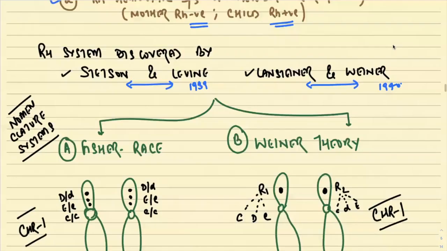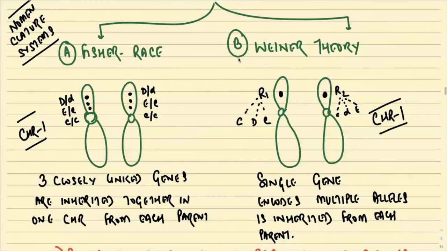But in MCQs, they can ask you what were the other classification systems in place. So there was one classification system called the Fisher-Race system, and another called the Weiner system. Now remember one thing, there is very little difference.